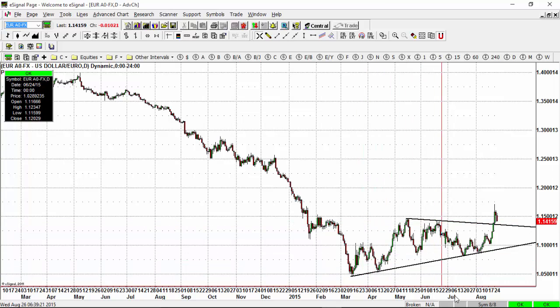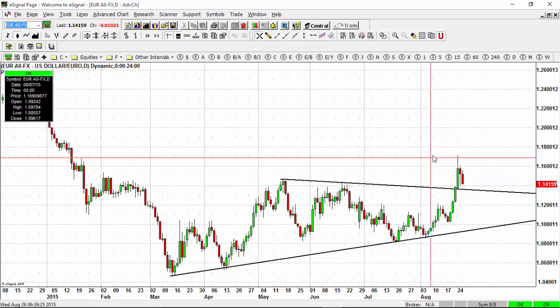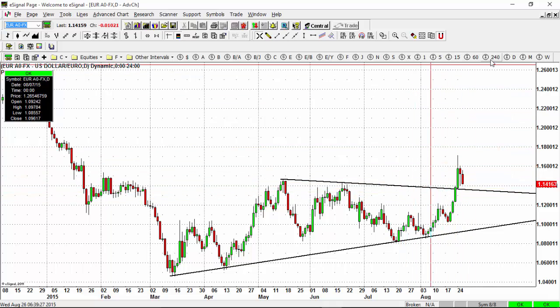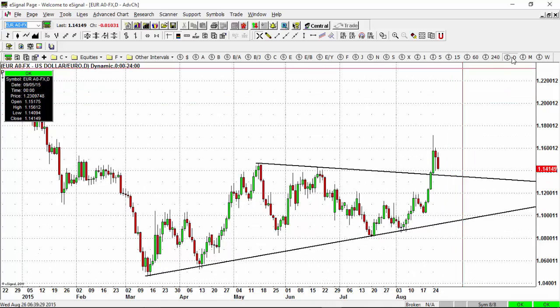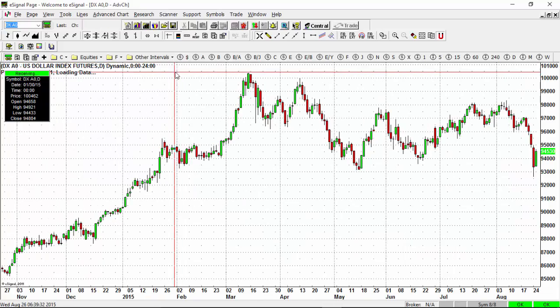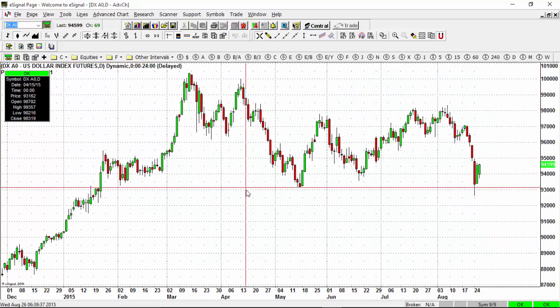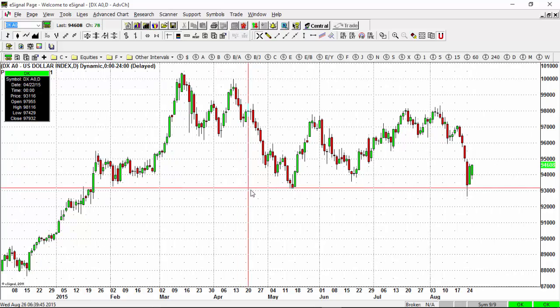But this area, this old trend line, it will act or should act as some support if the market is going to head back up to the north side. And one of the reasons the market didn't accelerate immediately is that, taking a look at the US dollar index, we saw that we had critical support in this 93 region.